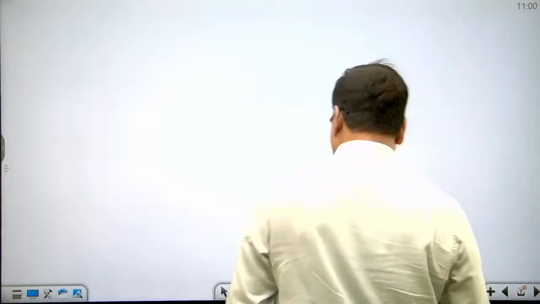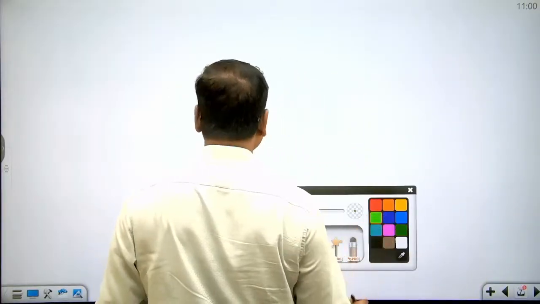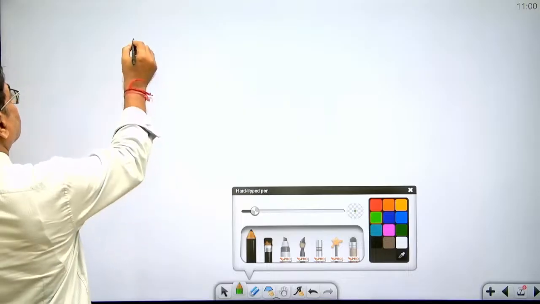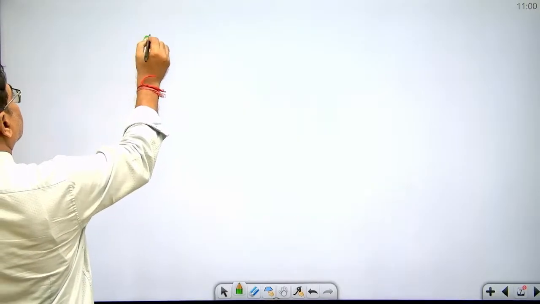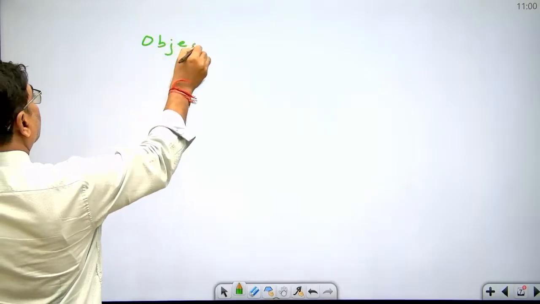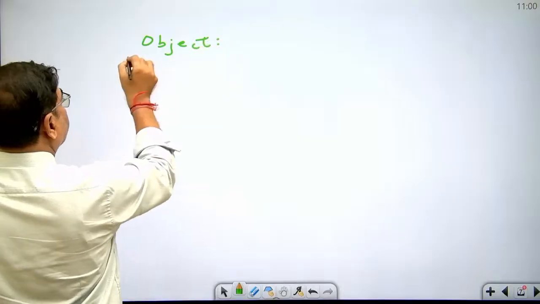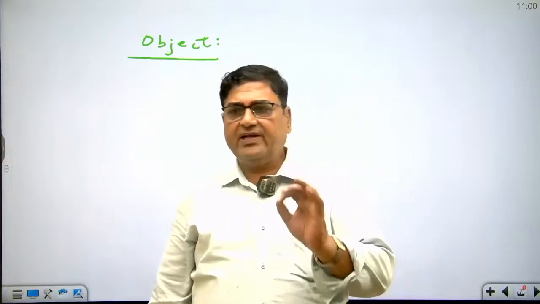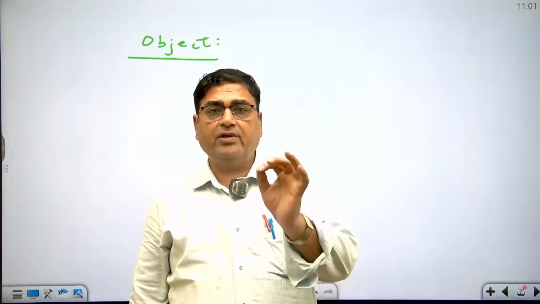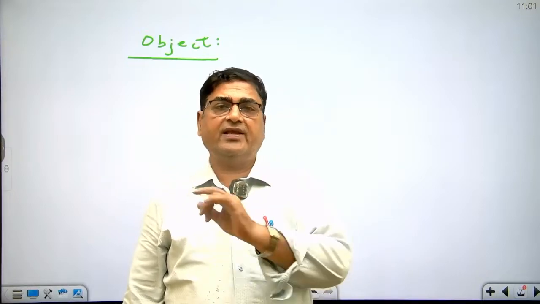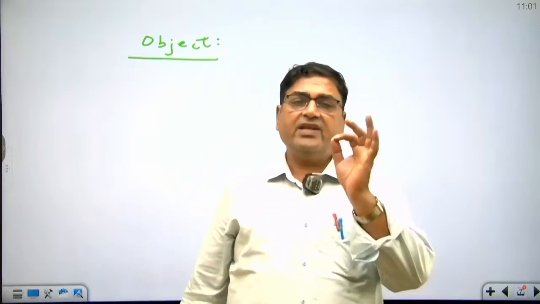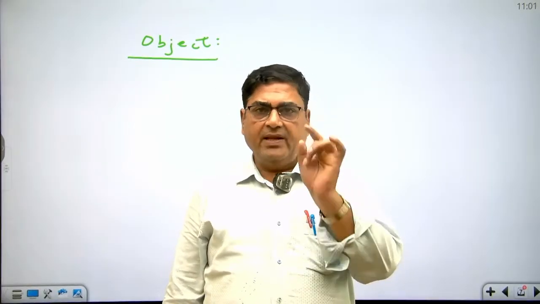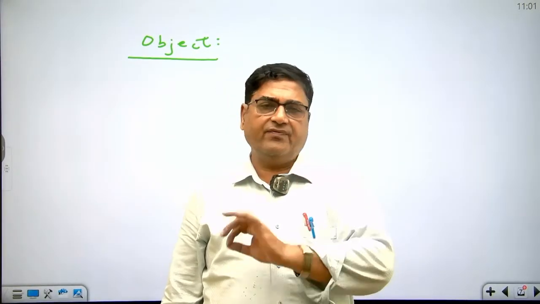Now, dear student, let's see some more definitions. What is object? The point of intersection of incident rays is called object. It is always defined with the help of incident rays. Okay. Minimum two incident rays are required to define an object.